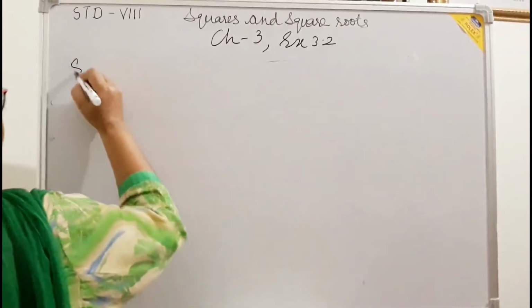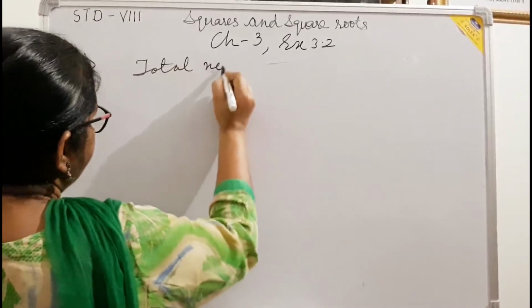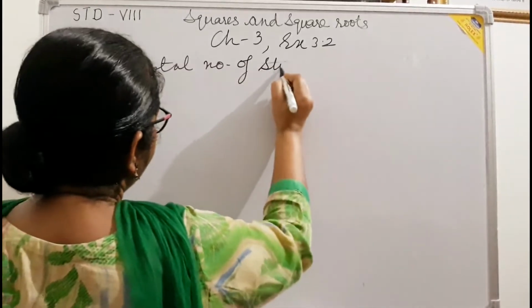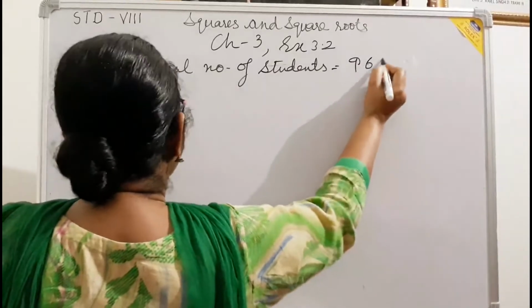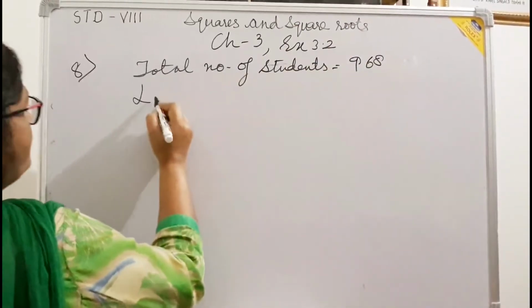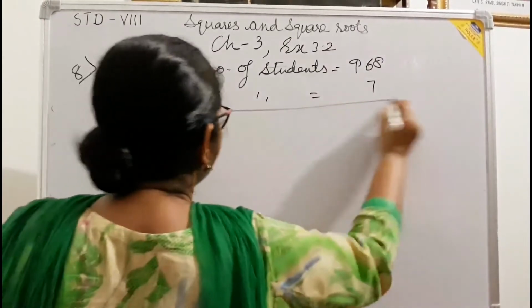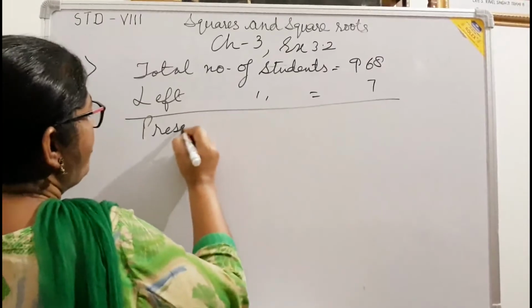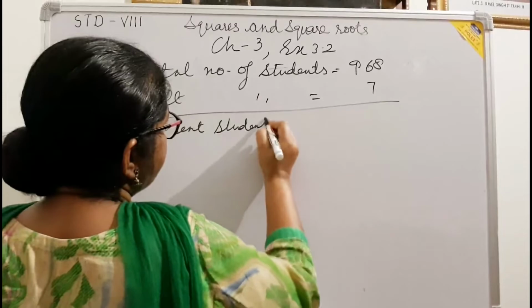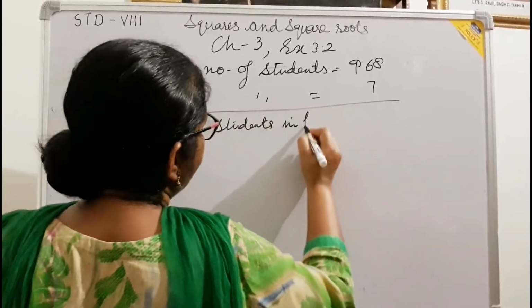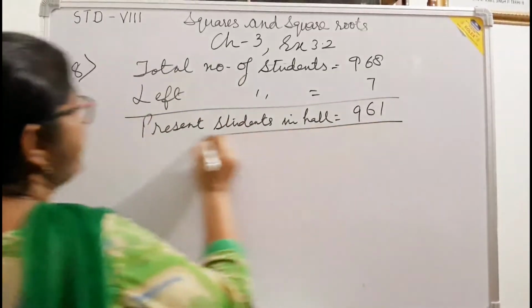Yes. Question number 8. Total number of students 968. Left out students 7. Present students in the hall: 968 minus 7, which is 961.